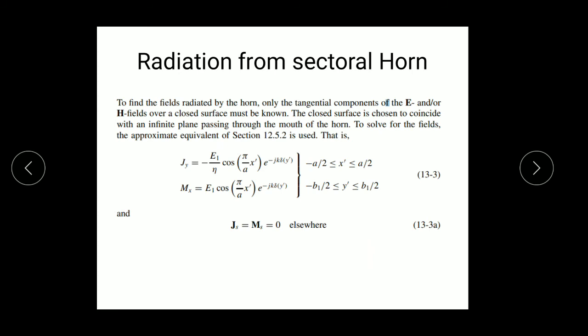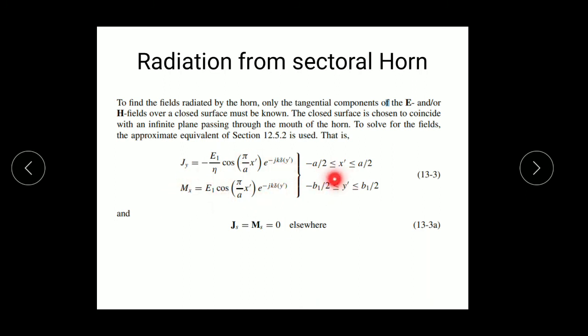To find the field radiated by the horn, only the tangential components of the E and H field over a closed surface must be known. The closed surface is chosen to coincide with an infinite plane passing through the mouth of the horn. To solve for this field, the approximate equivalent of the section is used. This is the current density in the y direction and this is in the x direction.